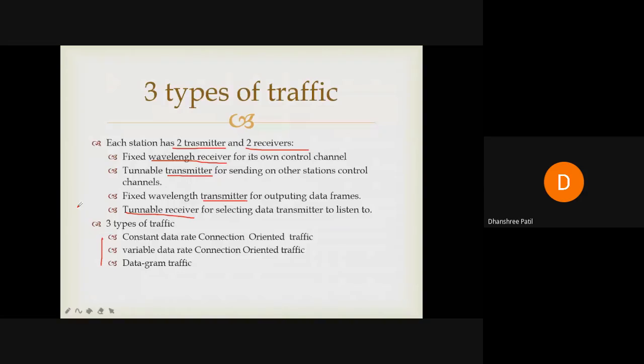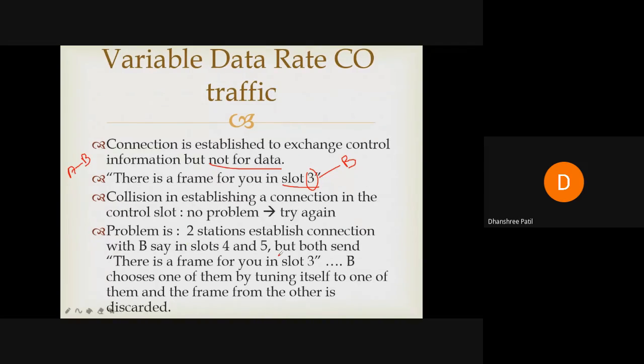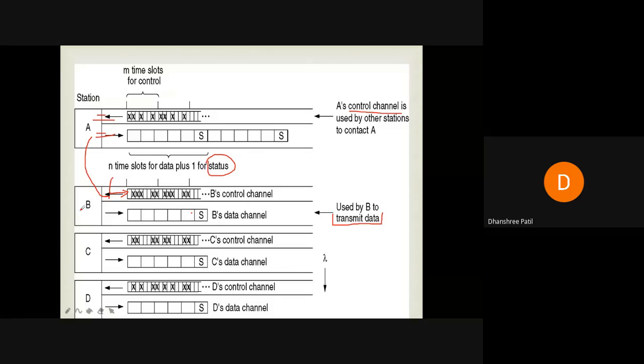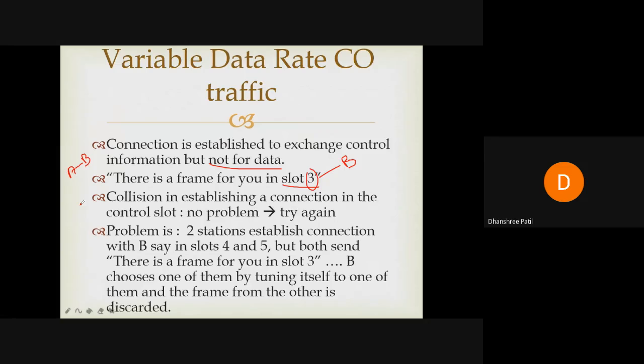But there is a problem. It may be possible that two stations establish a connection with B, for example in two different slots, slot number 4 and 5. For example, A also wants to communicate with B and C also wants to communicate with B, so both will establish a connection with B. If simultaneously two stations establish a connection with B, what will happen?